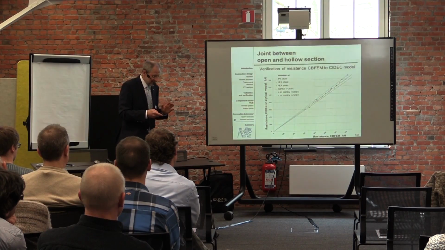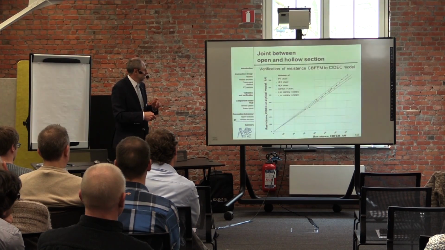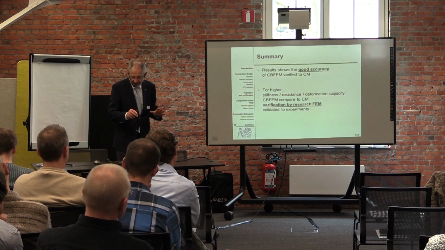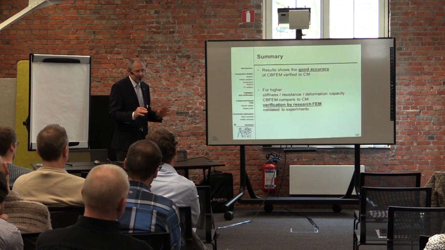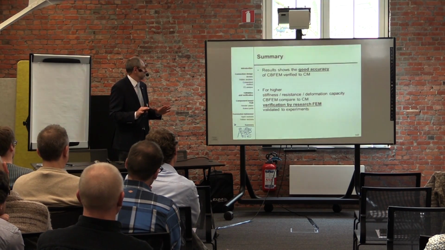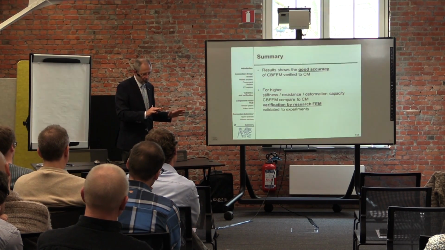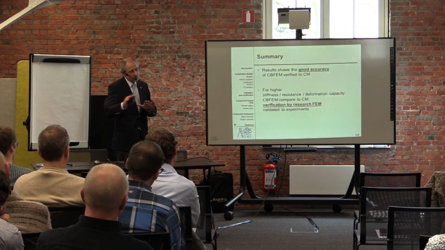We also have connections tested in the laboratory. Next week we will do six tests, so we will see if the results are really so good. To summarize, we are reaching relatively good accuracy when comparing this component-based finite element model to the component method.